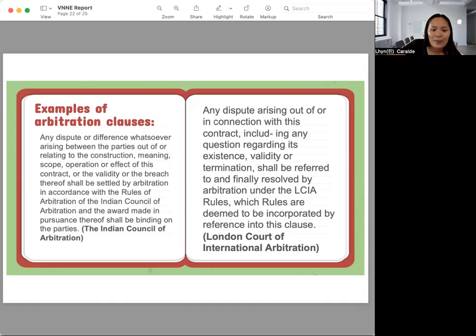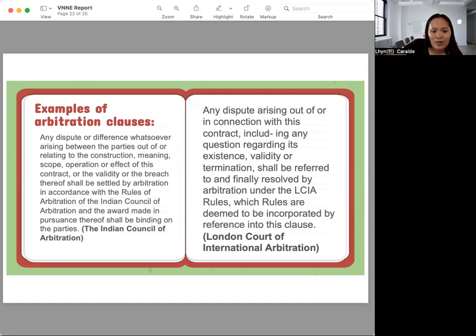So from this, we know how the Indian Council of Arbitration writes its clauses. How do they use English in their arbitration?